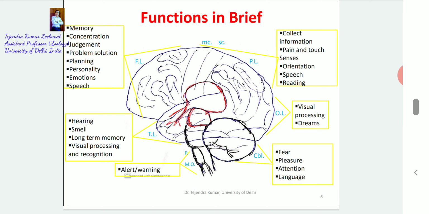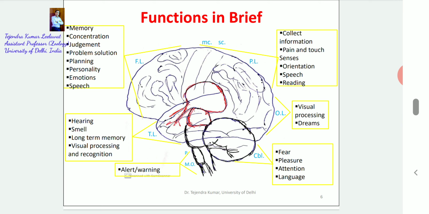Suppose the parietal lobe collects information, and it also senses pain and touch. It also recognizes our orientation, that is, how we are standing. It helps in speech and reading. The temporal lobe is related to hearing, smell, long-term memory, visual processing, and recognition.